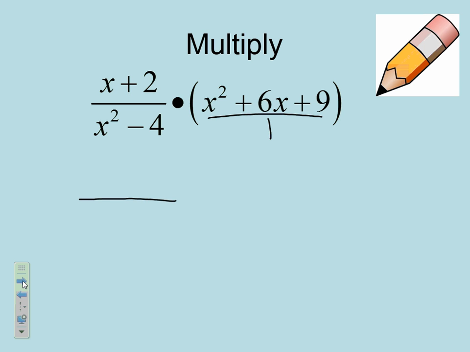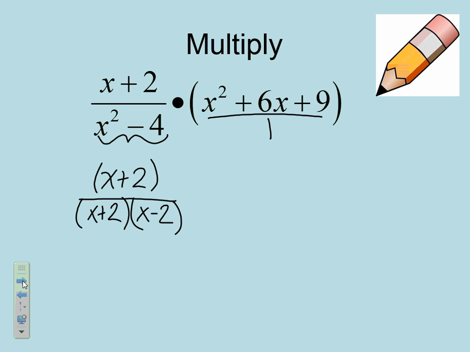Numerator, first fraction. Just an x plus 2, really can't do much with that. X plus 2, leave them alone. What about the denominator? That's a difference of perfect squares. 4 is a perfect square number. So he becomes x plus 2, x minus 2. Second fraction, numerator.